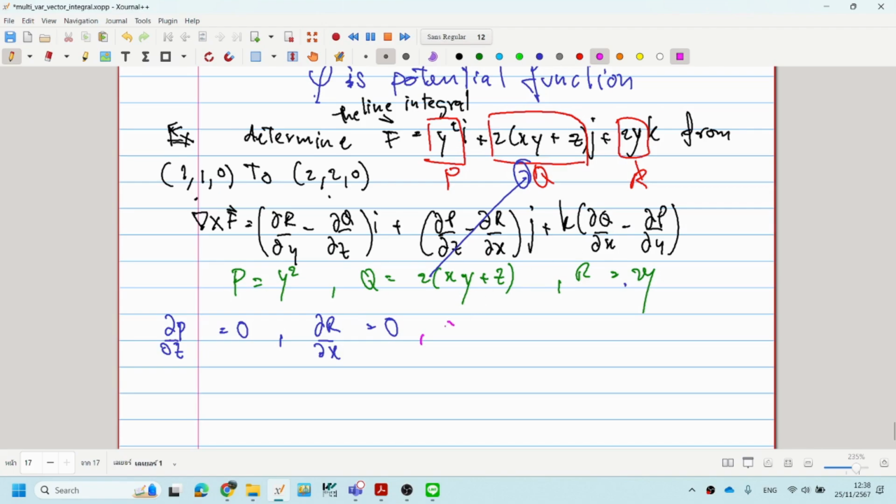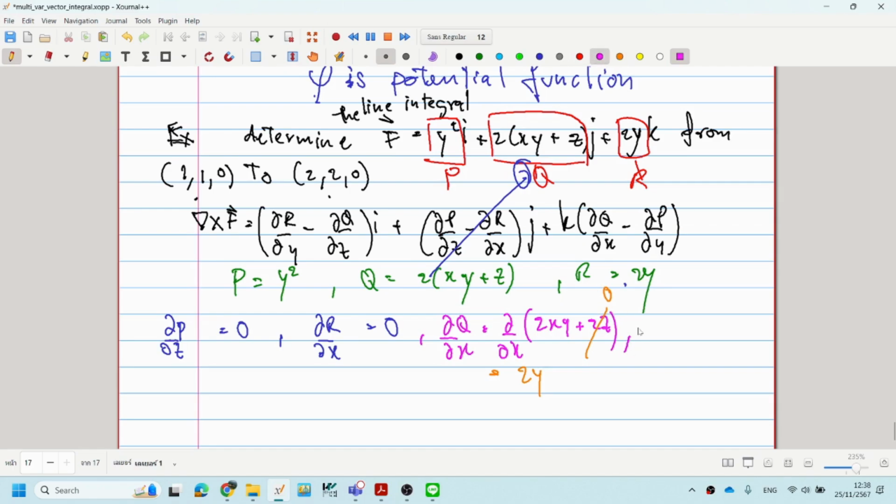Another pair, I use black, magenta color. This pair, ∂q/∂x, right? ∂q/∂x, this one is 2xy plus 2z, so ∂/∂x gives 2y. This one is 0. Okay, we got 2y.